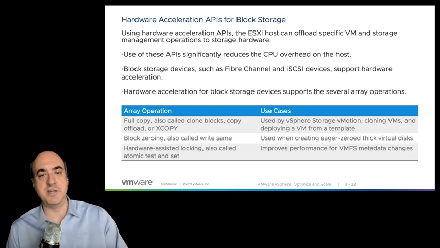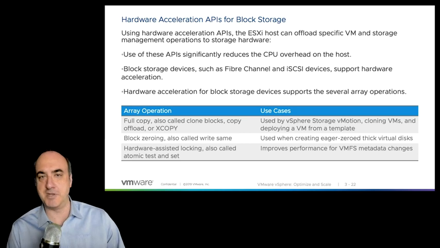Right, so this improves the VMFS for metadata changes. I know that sounds like a nice generic name, but really it's basically anytime that metadata changes for a VM or for the VMFS file system, that's typically incurring a LUN reservation, where with this atomic test and set, that is then mitigated.